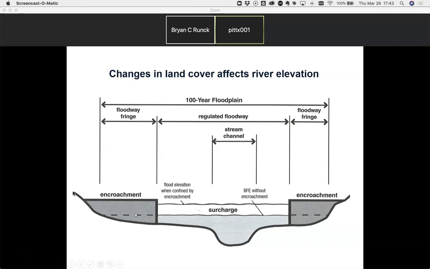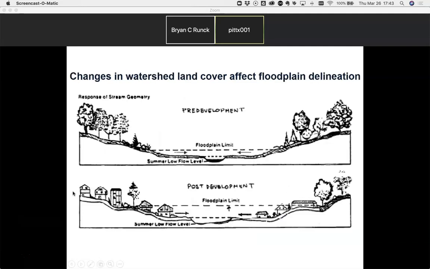As the extent of the floodplain is reduced, the base flood elevation increases. And so we can see base flood elevation without encroachment extending from the dashed line across underneath of the area called surcharge. And then the upper line, the flood elevation when combined by encroachment, represents the excess water that will be generated because of the encroachment pattern itself.